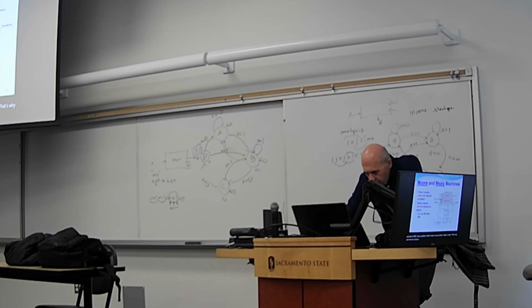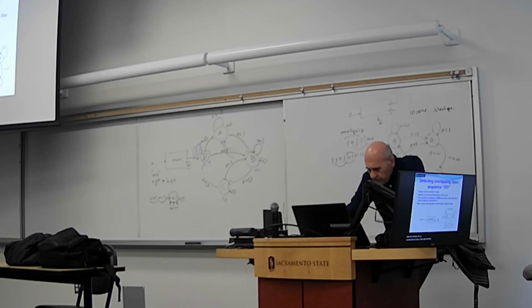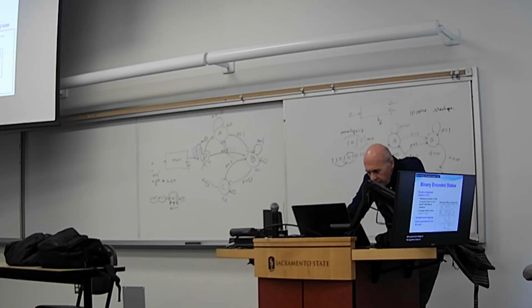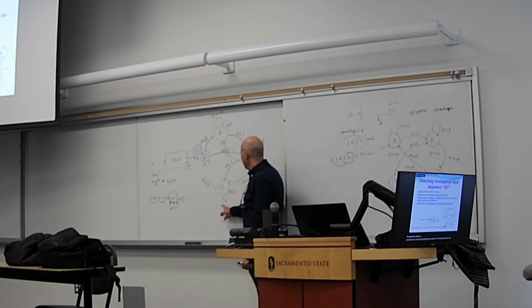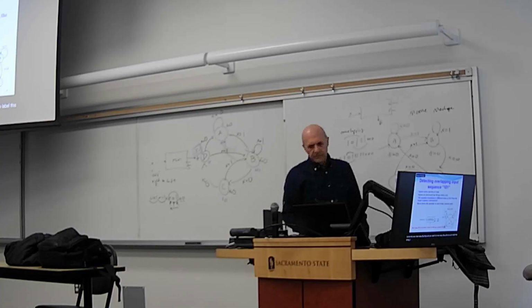Okay, so now that we have a finite state machine, we're going to try to design it the way that's shown. For this one, how many flip-flops do you need? How many bits did you use to label these states? 2 bits. So 2 flip-flops.